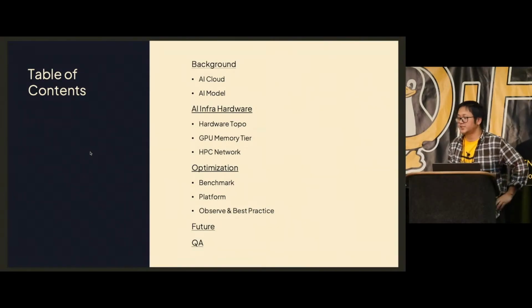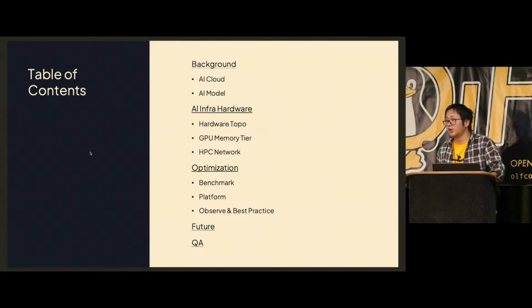We'll see how we could take full advantage of your AI infrastructure because we spend $1 billion there. We definitely don't want to waste the hardware. And we'll see how that could work. We'll also share some observations and tips and lessons we learned during the process.